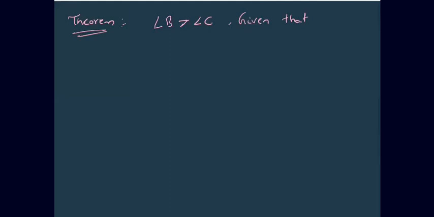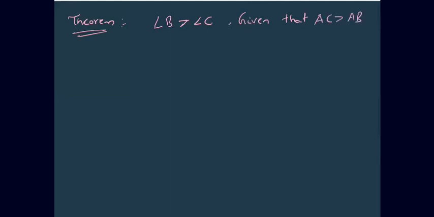So you need to prove that angle B is greater than angle C, and it is given that AC is greater than AB.